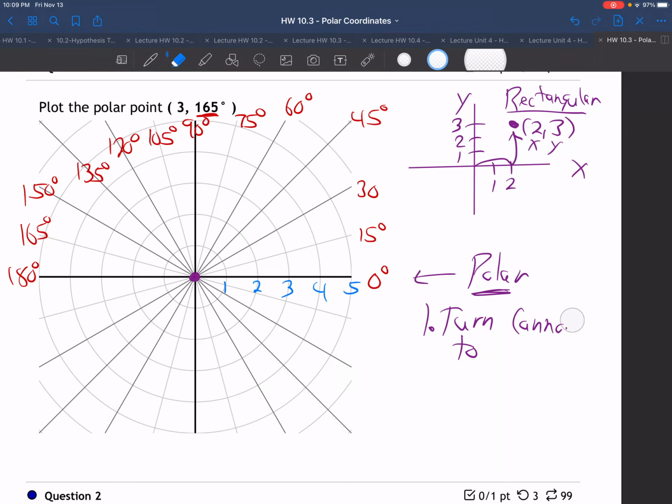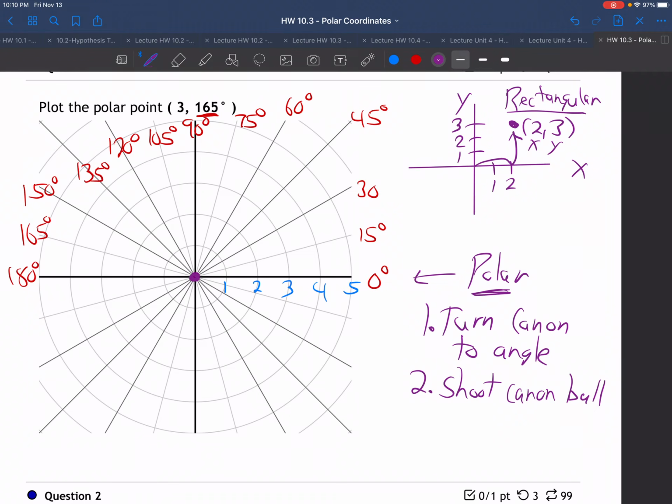I don't know how to spell cannon. I'm a math teacher. Can you tell? So whatever the angle is, you turn the cannon to the angle, and then you shoot the cannonball in that direction. The R distance. It's called the radial distance.